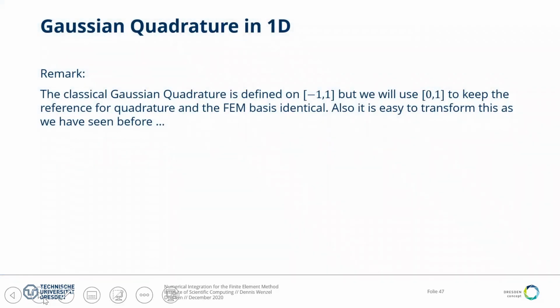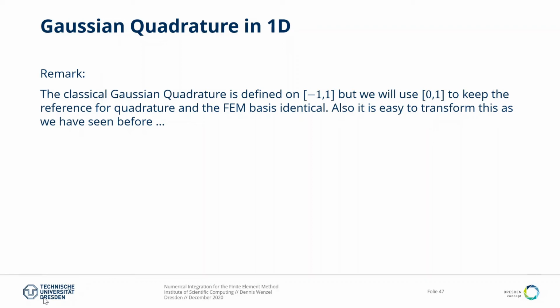We start in 1D with the so-called Gaussian quadrature. It is named after the famous mathematician. And I want to give a short remark in the beginning. The classical Gaussian quadrature is defined on the interval from -1 to 1, because that is a bit better in terms of symmetry. But we will here use 0, 1 as an interval. This is better for us because we keep it consistent with the reference for our quadrature.